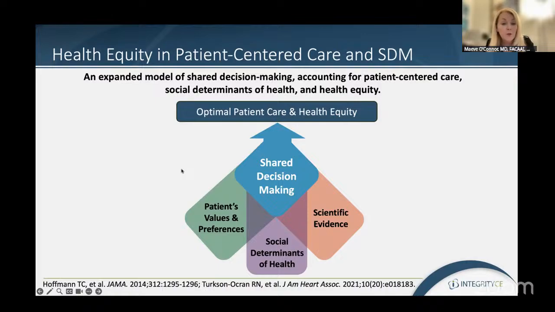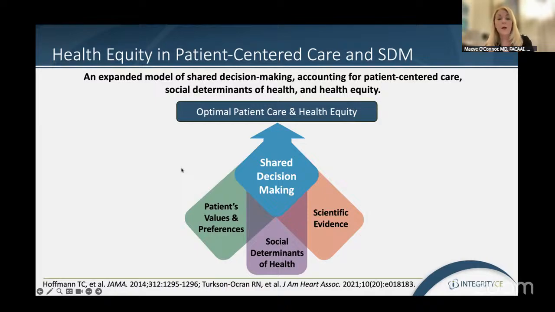Patients' values and preferences, as well as the scientific evidence, but also those social determinants of health really should be considered. Language barriers, cultural differences, access to specialists, all of these things really have to be taken into account. And reminding us, all of us, again, that individual barriers can be large and can impact not only quality of life, but treatment as well, and access to treatment.